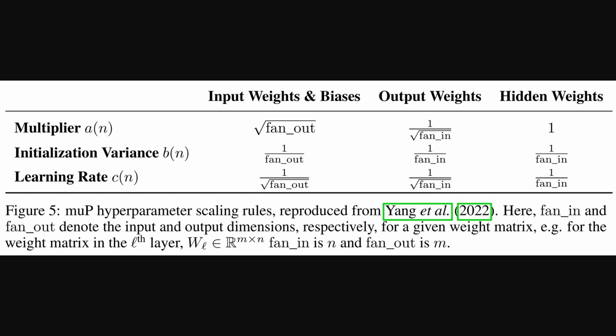This table shows those exact rules. You can see it sets different formulas for initial weight values and learning rates based on their location, whether they're input, output, or hidden weights. The rules use the layer's size, its fan in and fan out, which is just the number of connections coming in and out, to get the scaling just right. This makes tuning Muon for massive models much more manageable.